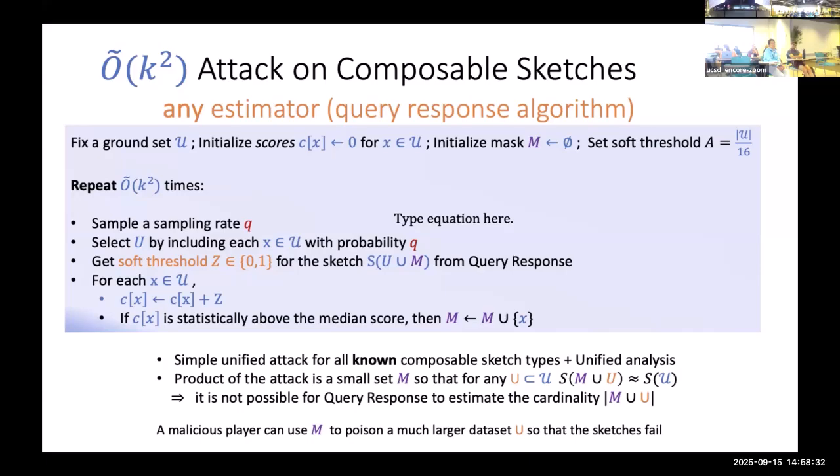And then the idea here is that we find this mask that when it's added to any set U, a subset of ground set U, then the sketch of the mask and that set is kind of the same as the sketch of the ground set.